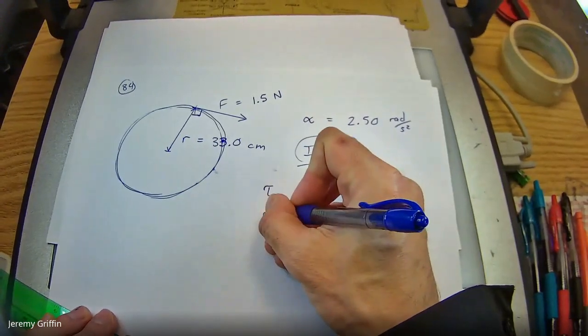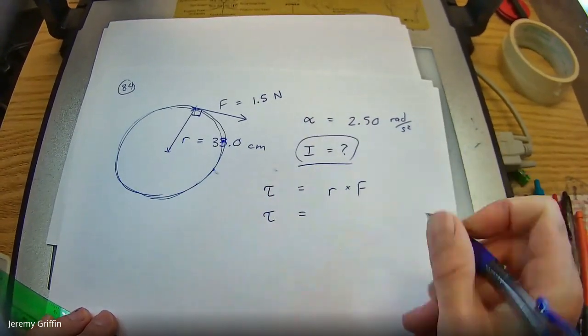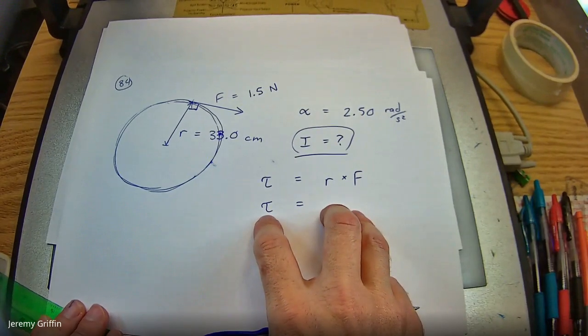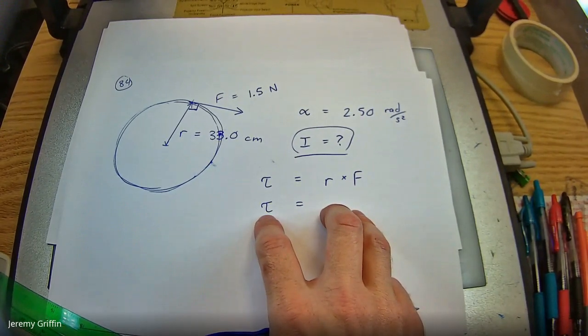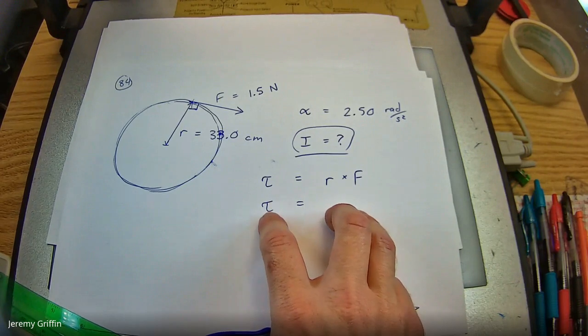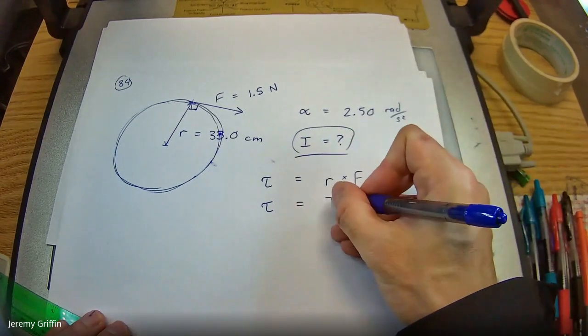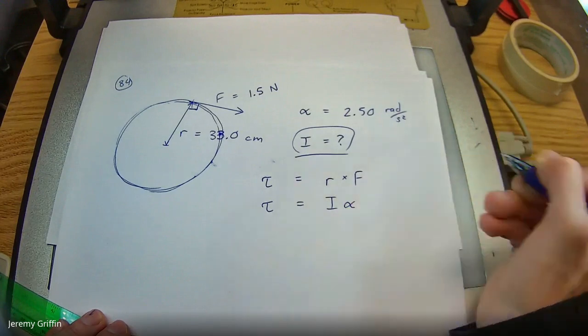But also torque has another formula, and this other formula is analogous to Newton's second law of motion, but in a rotational context. Does anybody remember, or maybe have their notes open and remember what the other formula for torque is? So remember, it's I times alpha. Right?